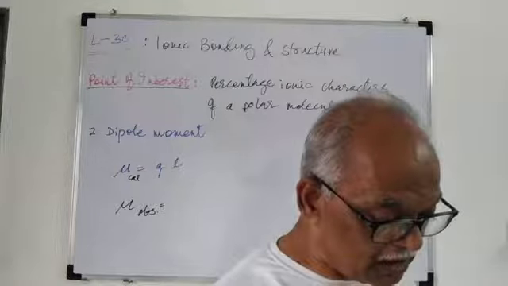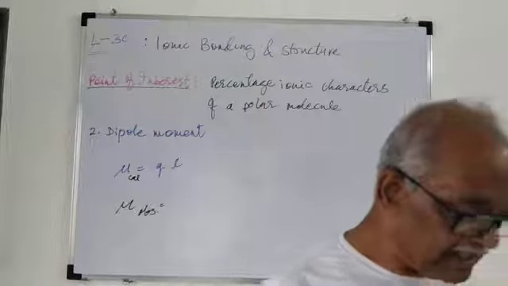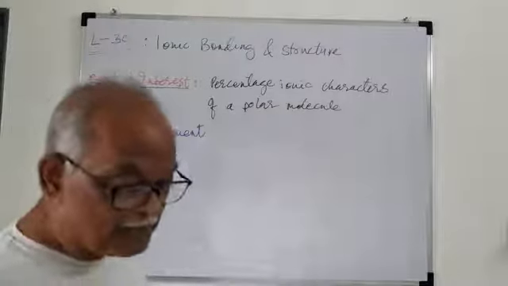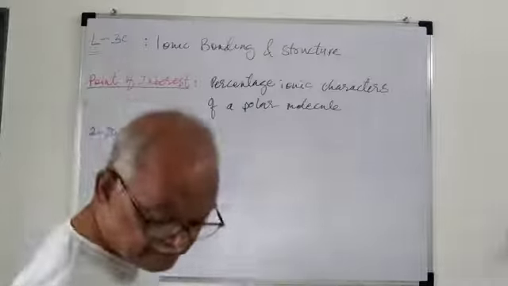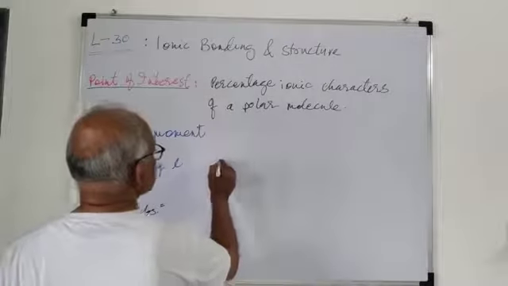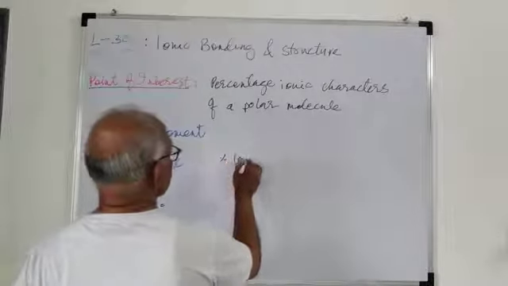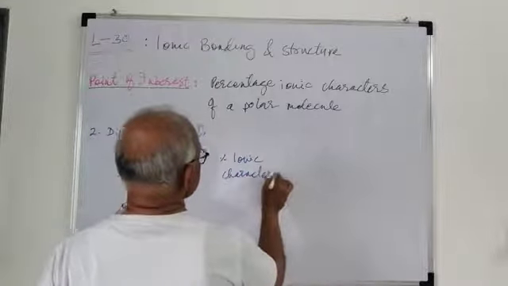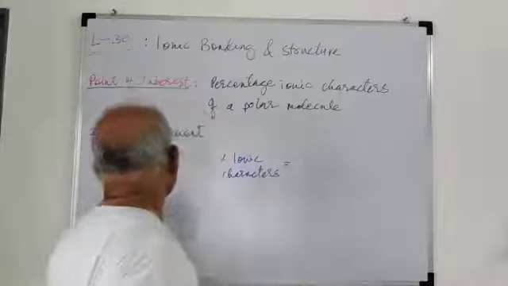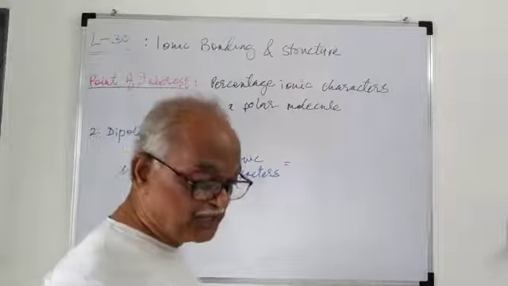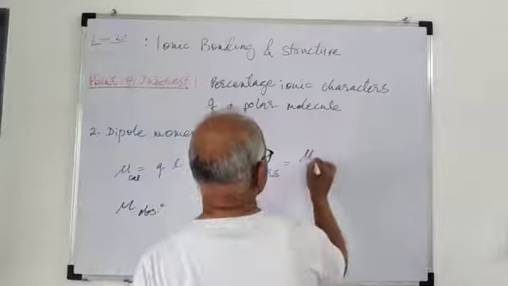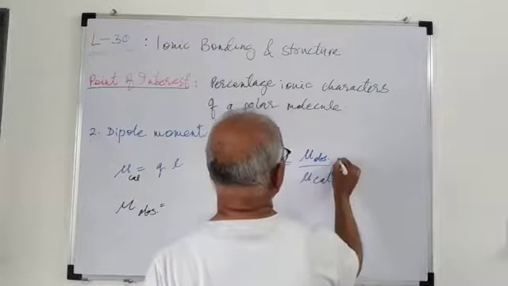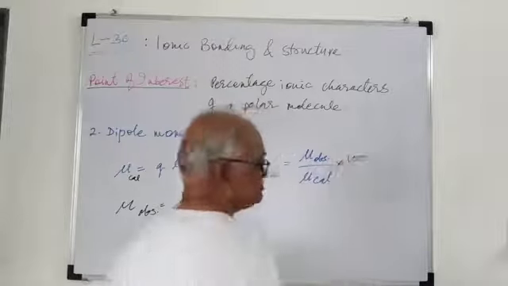Now we can find the percentage ionic characters with the help of these two values using this formula: percent ionic characters equals mu observed upon mu calculated into 100.